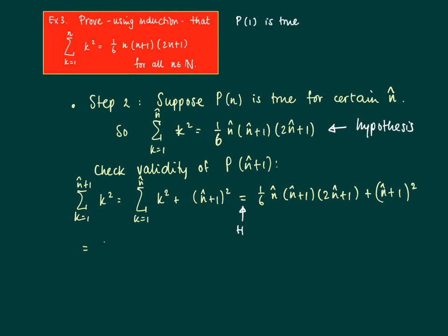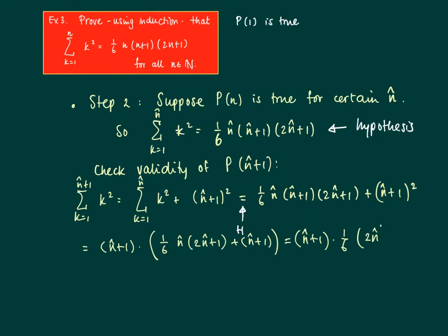So what we do now is take out the common term (n hat + 1) from both terms, and we'll see (n hat + 1) times [1/6 n hat times (2n hat + 1) plus (n hat + 1)], the remaining term of the second term. So take out 1/6, then we have (n hat + 1), and we get a remaining term as follows.